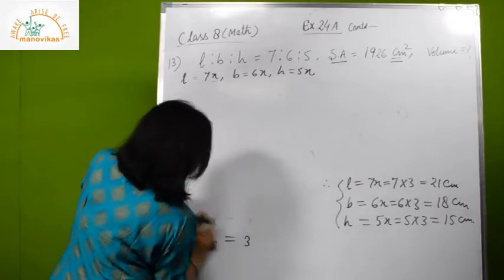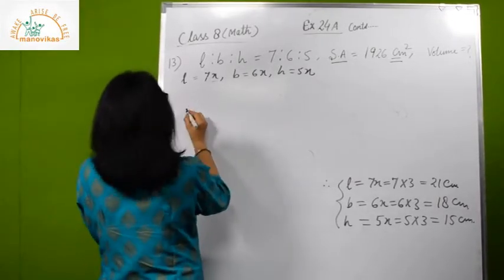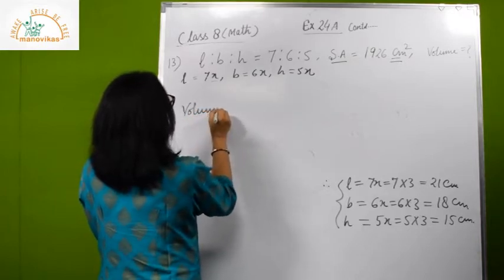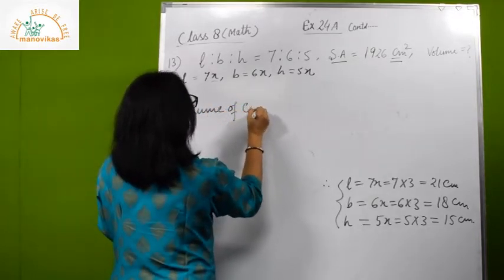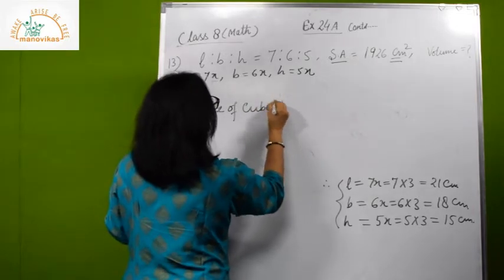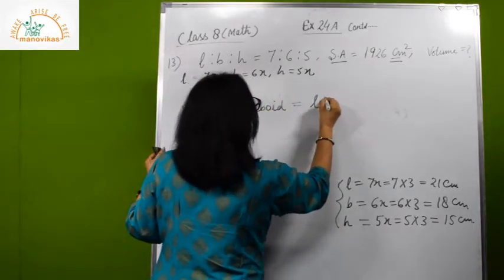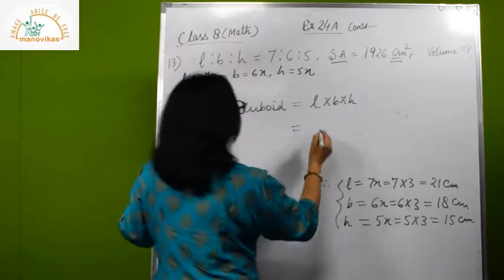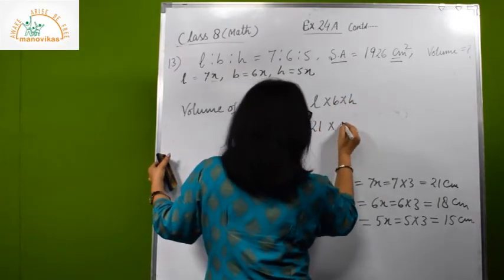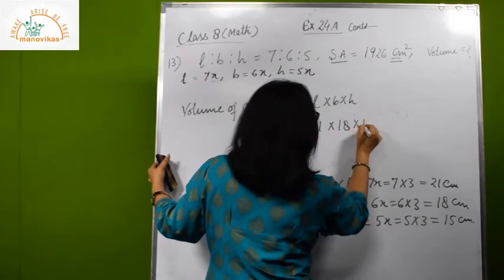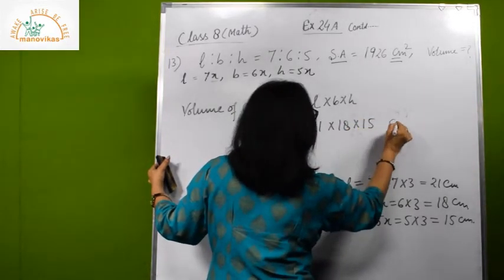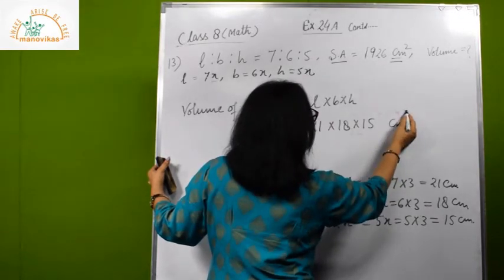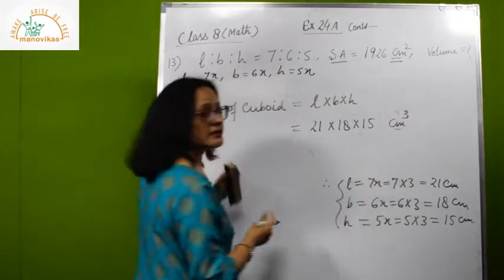and get the answer. Now volume of cuboid is equal to length into breadth into height. Put all these values, 21 into 18 into 15, and the unit is compulsory because there are 3 dimensions you are multiplying here, so unit will be centimeter cube.